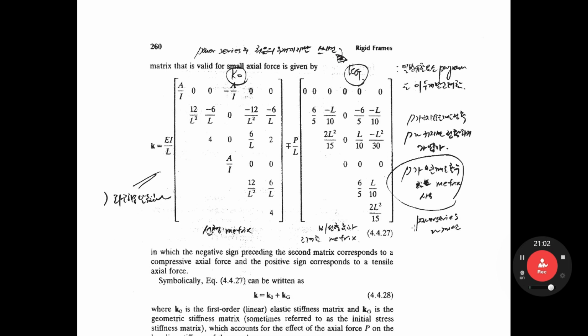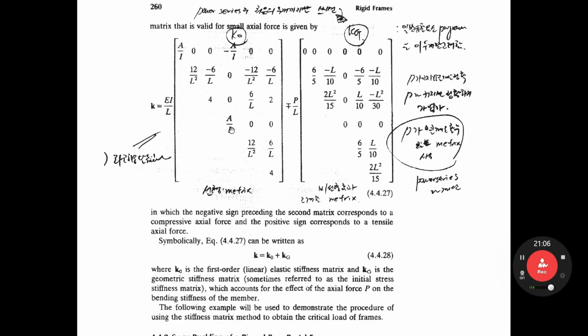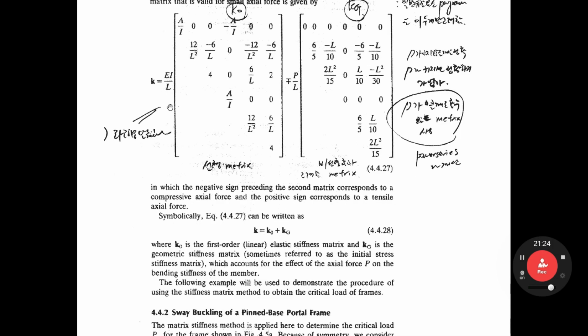We got it finally. So K equals K0, the linear stiffness matrix, plus Kg, the nonlinear or geometric stiffness matrix. That is the element stiffness matrix when we are doing the matrix analysis approach.